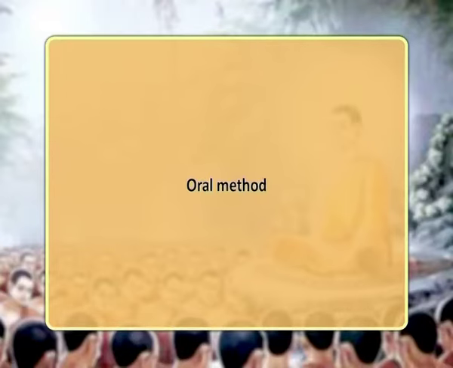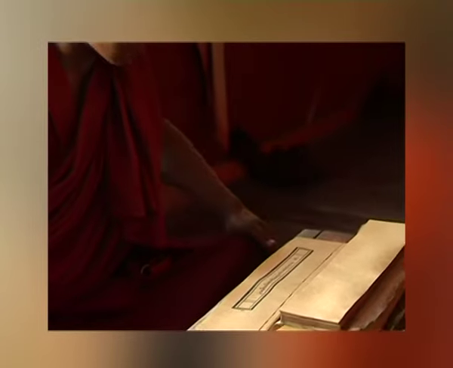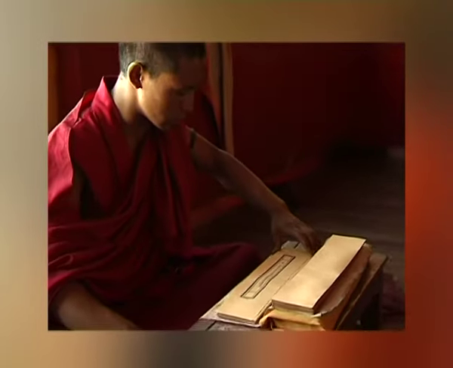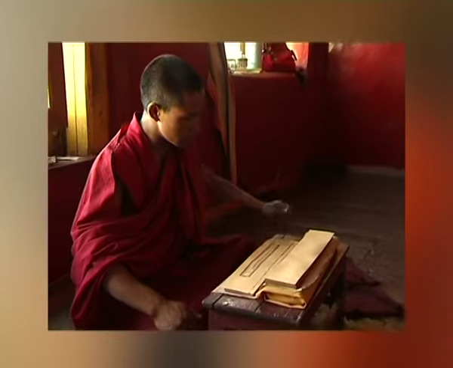Now, following is a brief description of some methods of teaching which were in vogue during the Buddhist period. The first is the oral method. This was the most popular method. Students were required to memorize the text, learn it by heart, and meditate on it.